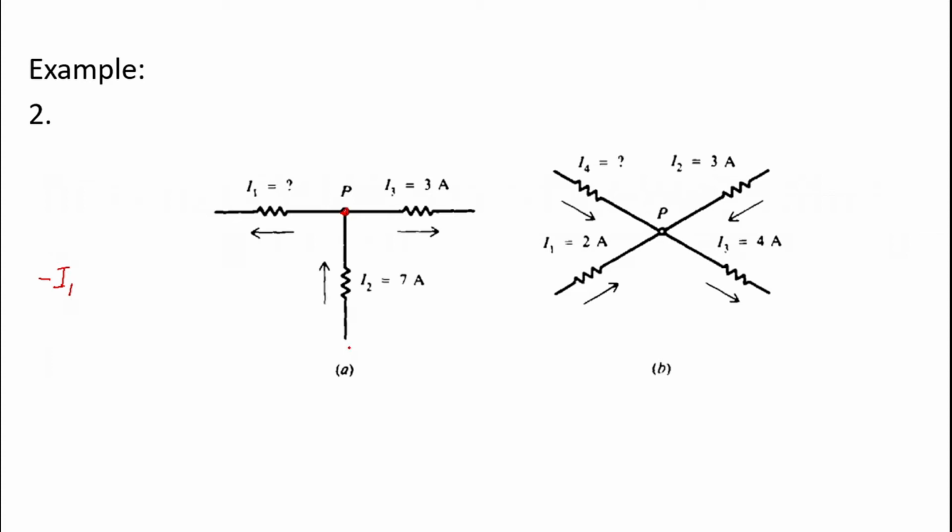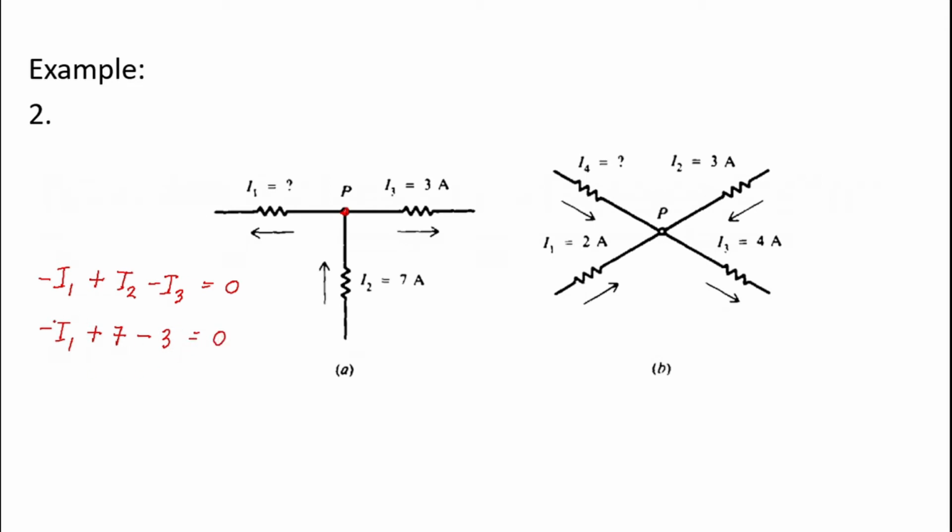And then I2 is entering the junction, plus I2. I3 leaving the junction, negative I3 is equal to 0. Substitute the value. Negative I1, where we will look for the value of I1. I2 is equal to 7 ampere. So, 7 ampere. And then I3 is leaving the junction, so minus 3 is equal to 0.